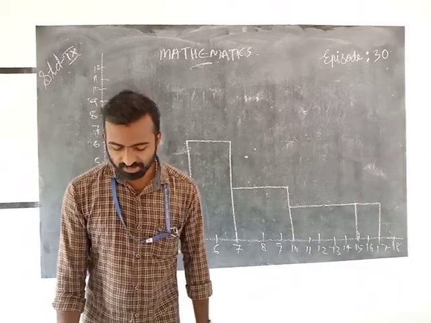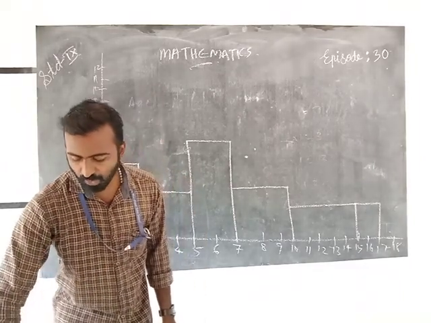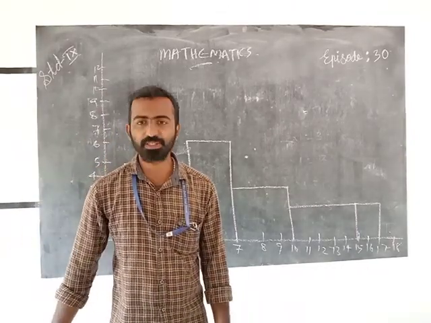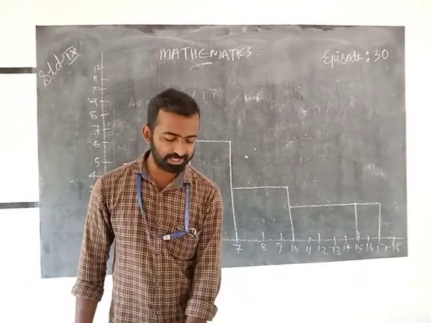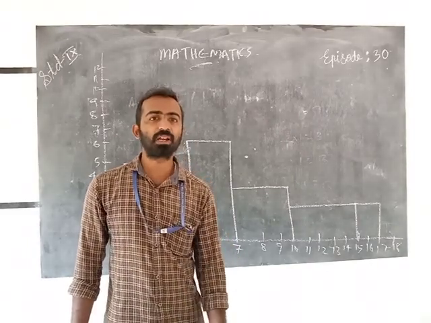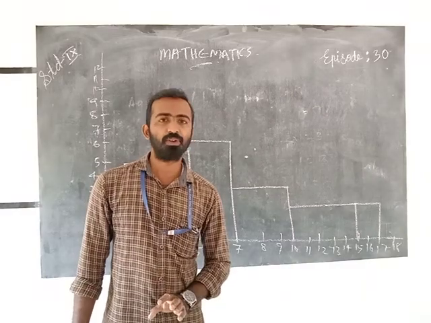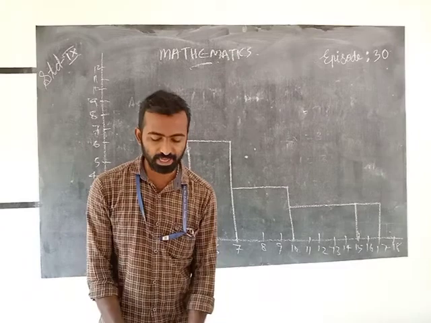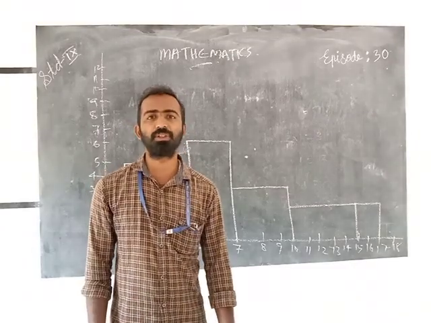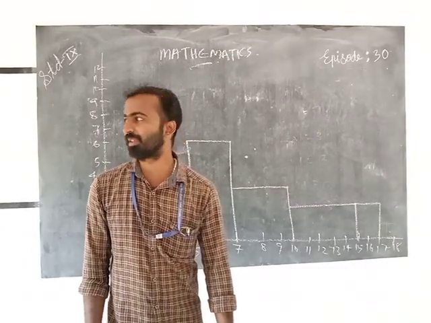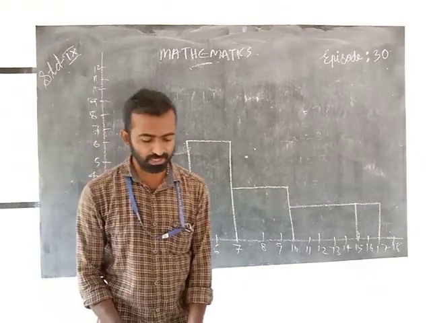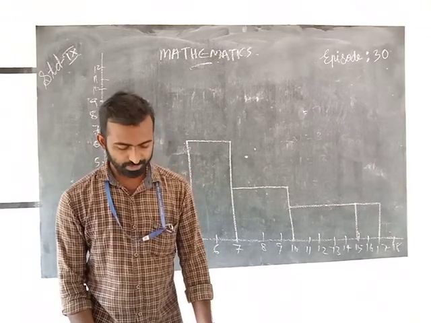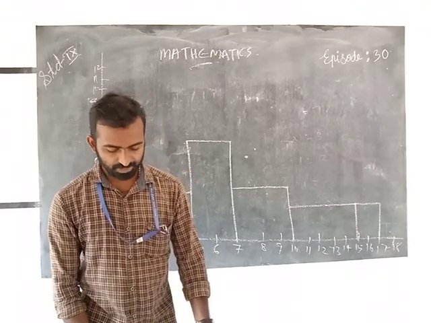The ninth question is for your homework. In your ninth question, the homework is that we take the class size as 2. In this chapter, we studied diagrams: bar diagrams, histogram, frequency polygon, and tally marks.